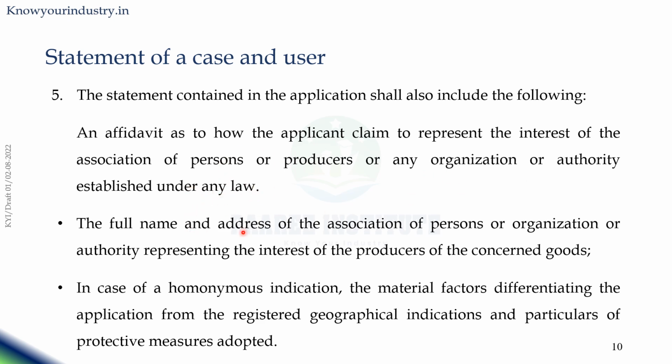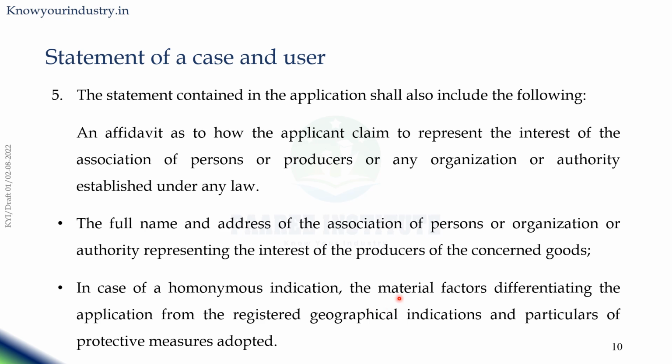The full name and address of the association of persons or organization or authority representing the interest of the producers of the concerned goods need to be submitted. In case of a homonymous indication, the material factors.